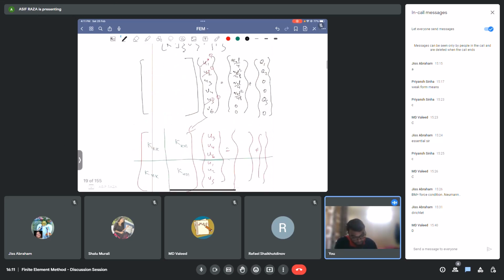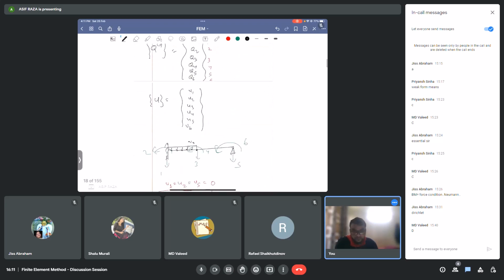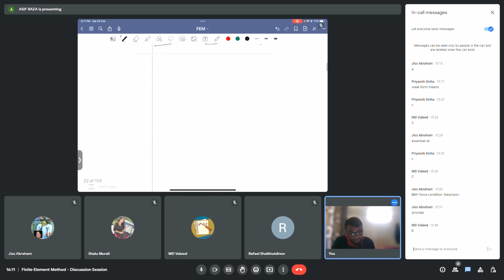first write the global stiffness matrix. So it was 48 EI by L cube times 24 minus XL minus 24 minus XL 0 0, 2L square 6L L square 0 0, 48 0 minus 24 minus XL, 4L square 6L L square and 24 6L 2L square. These are pertaining to U1, U2, U3, U4, U5, U6.